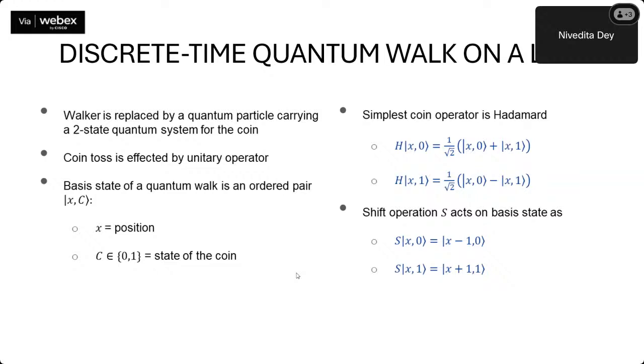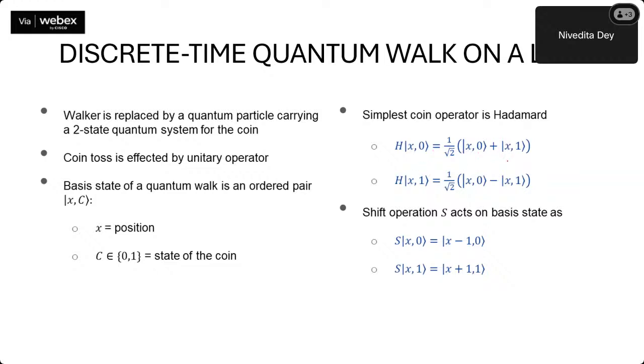See here, this H on X,0: X is the position. I'm not doing anything with X. But if I got a 0 through the coin toss, whenever I'm doing a 0, I will make it 0 plus 1 as the state of the coin. If I have a ket 0, I will make it ket 0 plus ket 1 by root 2, keeping the 1 by root 2 outside.